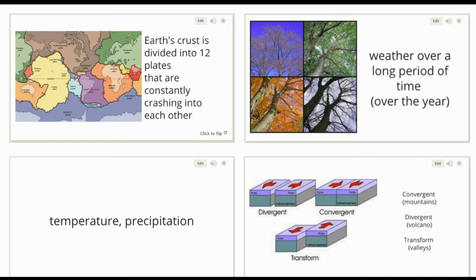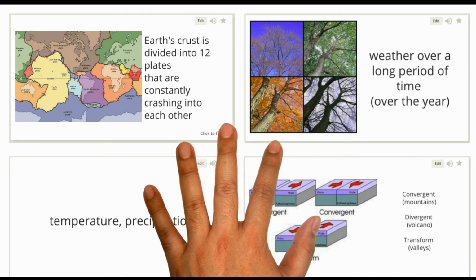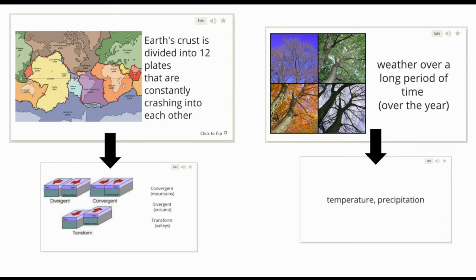So you could print them off and then have students organize these key ideas from the course into different categories. For example, this type of plate movement is related to the different plates we have in the world, and temperature and precipitation is definitely related to weather. And so you can start grouping these random facts into categories to hopefully have a deeper understanding of the course content.